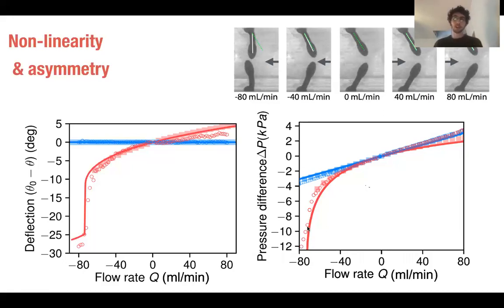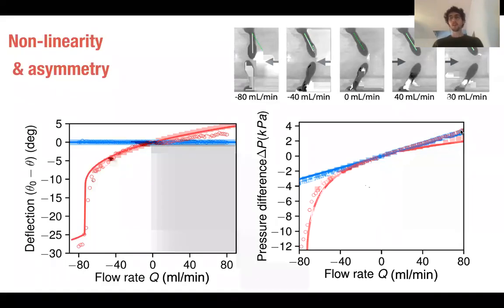And once again, beyond the fact that this behavior is nonlinear, what is interesting here is that it's really asymmetric. So if you compare to the linear case, you see that for forward flows, the pressure difference is growing at a lower rate than the linear case. But on the opposite, for backward flows, what we observe is that the absolute value of the pressure is growing at much larger rates than the linear case, basically. Okay, so that's the first observation.